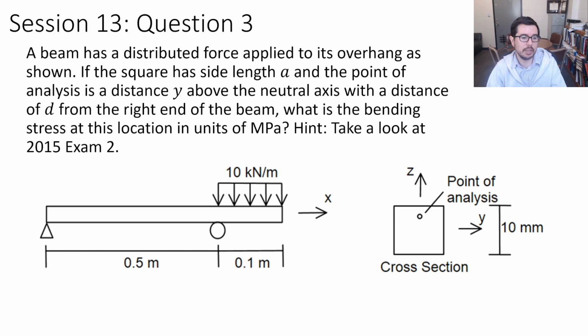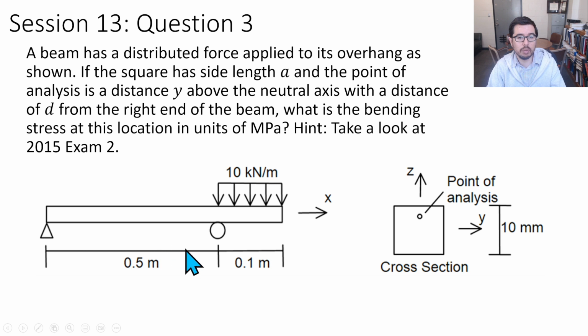One thing to keep in mind when you look at exam 2 from 2015 is the definitions of how we calculated the bending moments across the beam and what we use as coordinate systems. In that case, I did not take a cut and cover the left, and I did not go from the right. At least in the solutions, I went completely from the left.